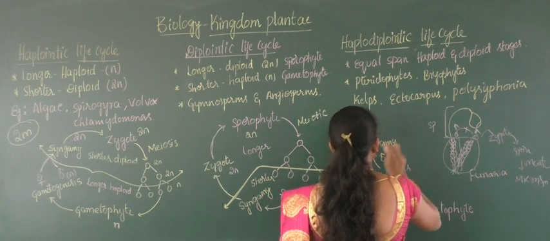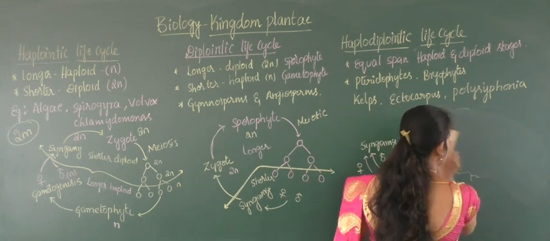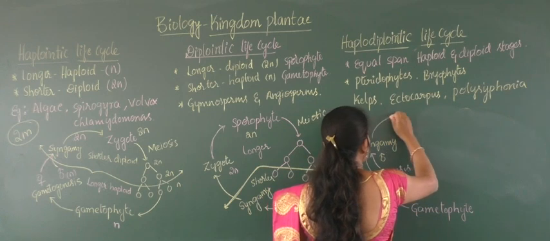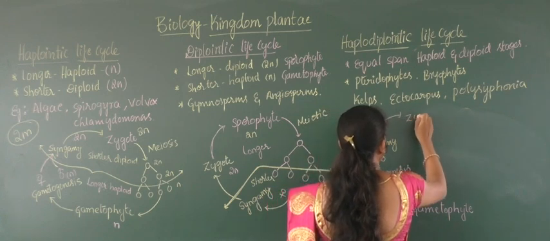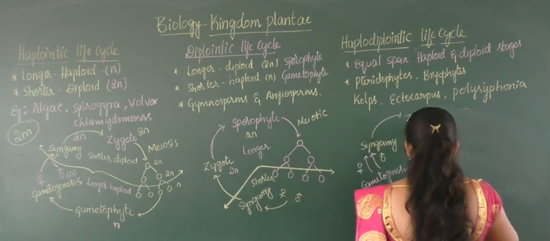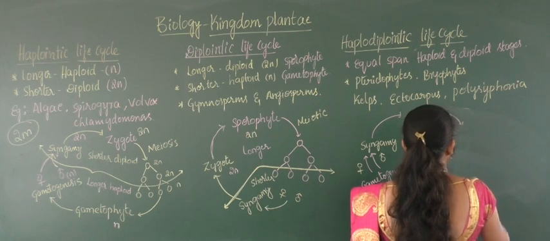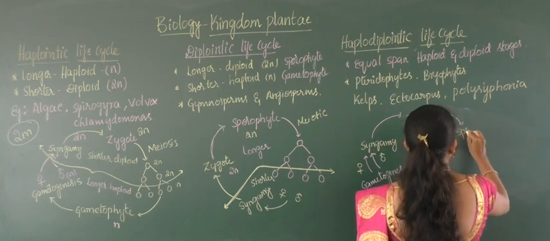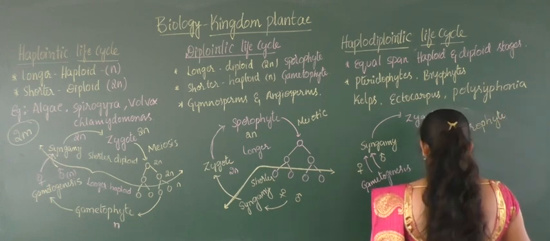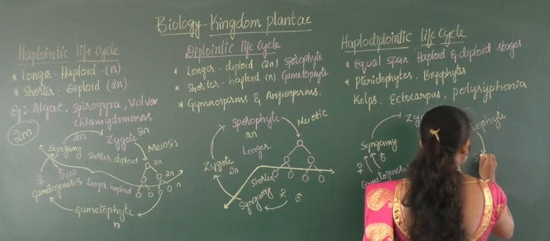Fusion process is nothing but syngamy, and by the end of syngamy the resultant product will be the zygote, and later the zygote will develop into a sporophytic plant body. A sporophyte will be formed, and later inside the sporophyte sporogenesis will occur.